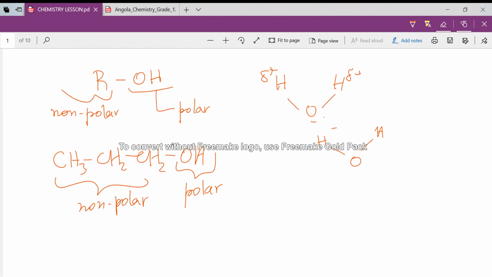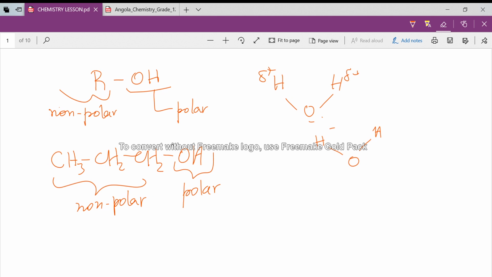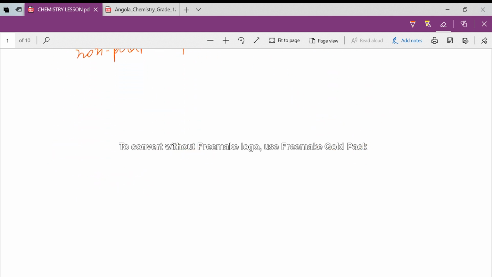So one example I'll give you is glycol. Glycol is CH2, CH2, OH here, OH here.